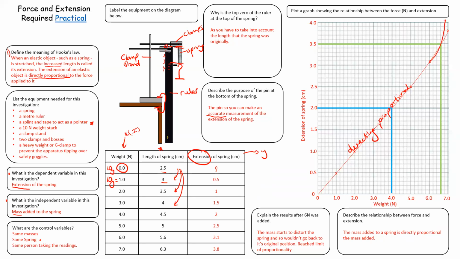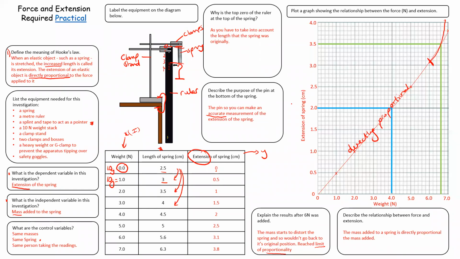When it starts to curl, that is your limit of proportionality. That means the spring will no longer return back to its original shape. It has lost its relationship between force and extension.